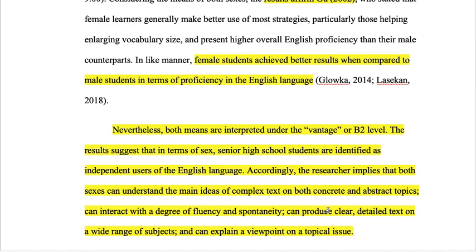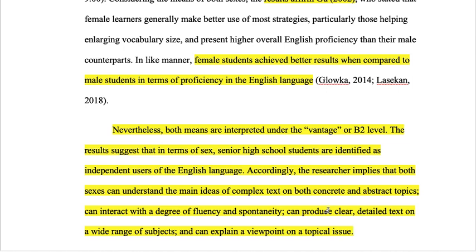Okay? So, to summarize, we have three steps on how to write our data commentary under the results and discussion section. Number one, explain or narrate the results found in your table. Number two, provide implications about the results.